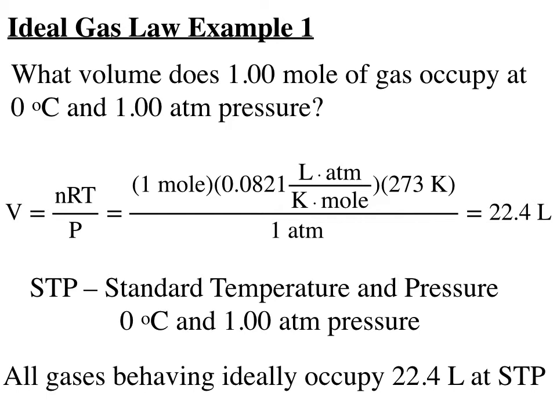This is a little over 11 2-liter Coke bottles that an Avogadro's number of gas particles should occupy. This is the volume air occupies if it's behaving ideally. CO2, O2, methane, anything I choose in the gaseous phase should all occupy 22.4 liters at standard temperature and pressure.